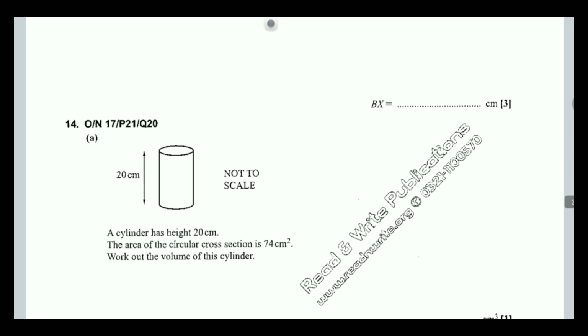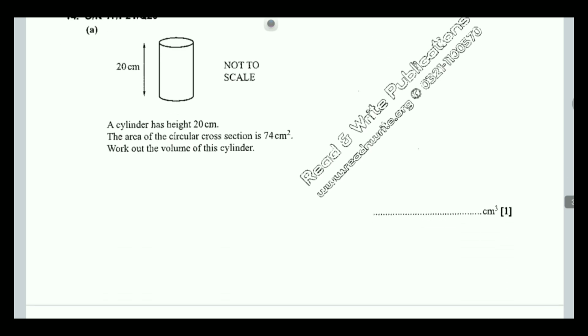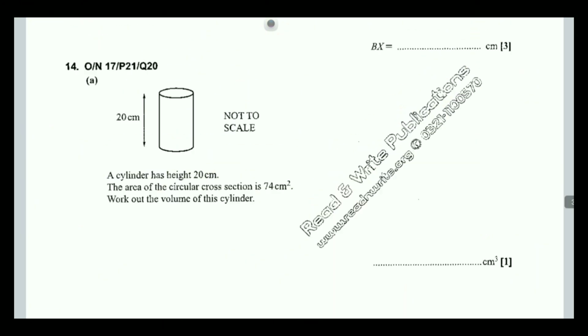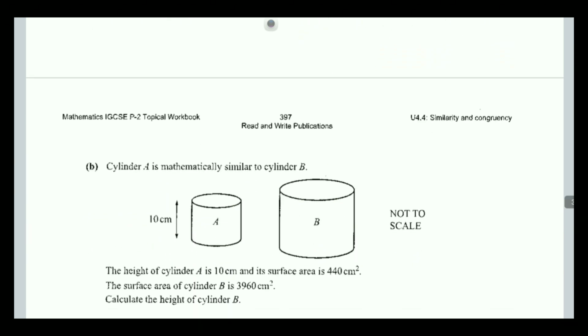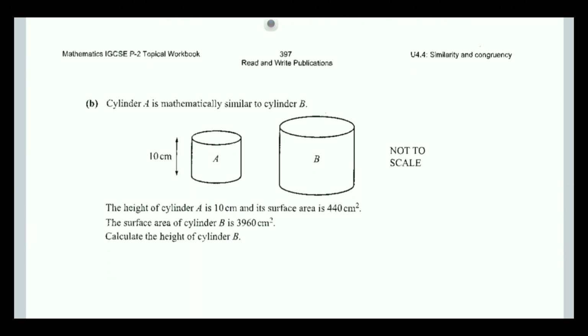14 question. Fourteen is not the question of this topic. B part is the question of this topic. You can see the similar shapes question. So again, surface area and height of the cylinder B we have to find.